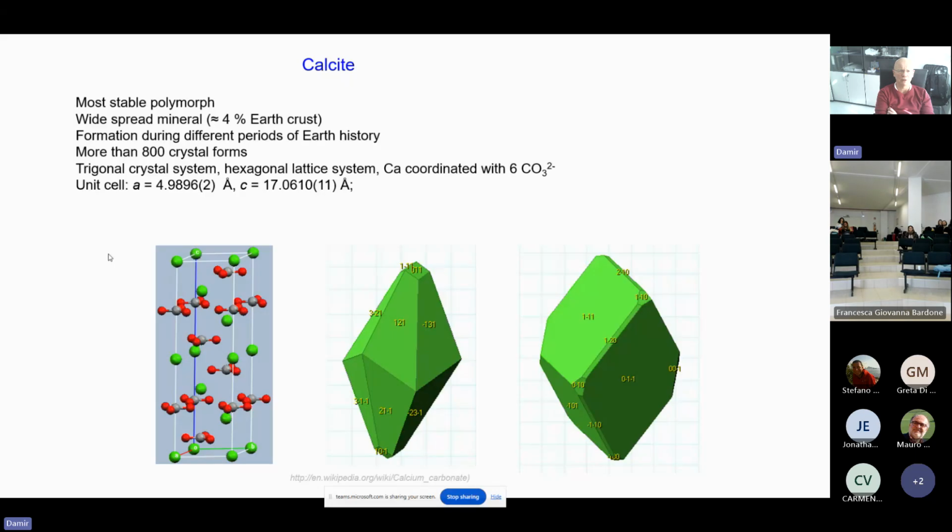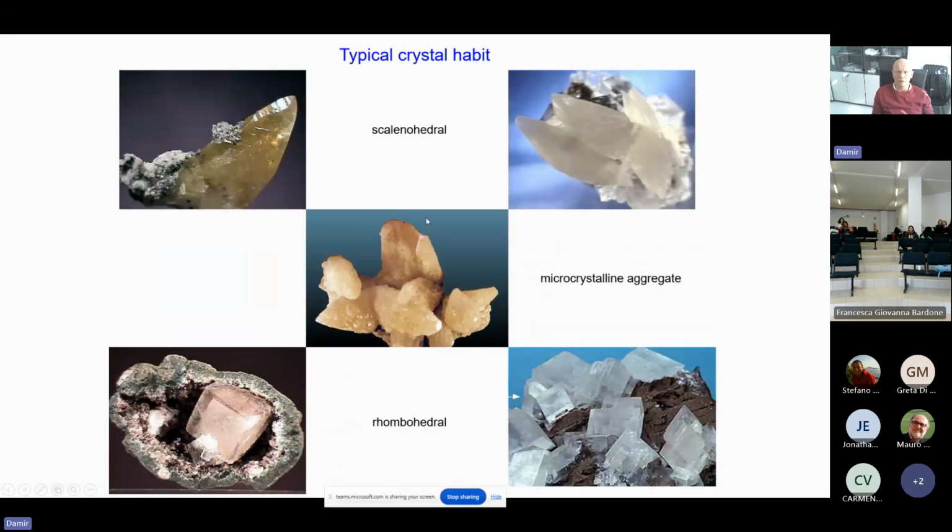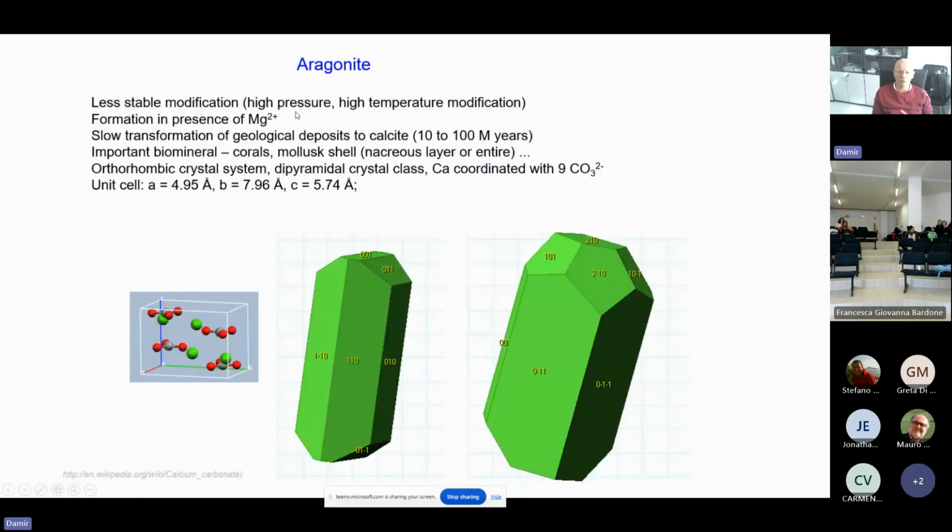Calcite appears in a trigonal crystal system in which calcium is coordinated with 6 carbonate ions. Here you can see typical morphological formations of calcium carbonate. The most typical habit is rhombohedral calcite, a stable morphological modification of calcite. Less common is scalenohedral.